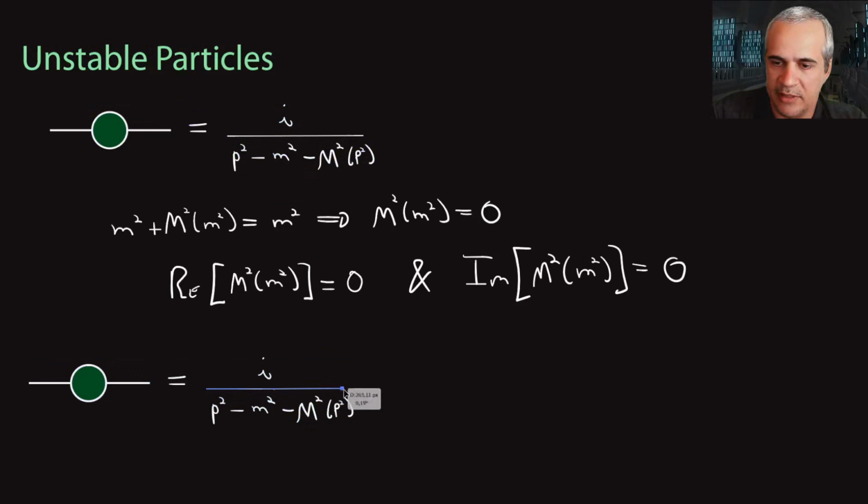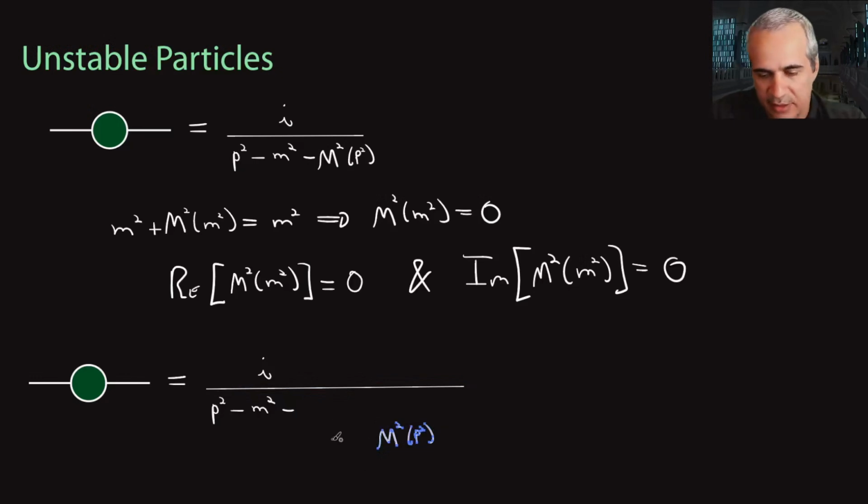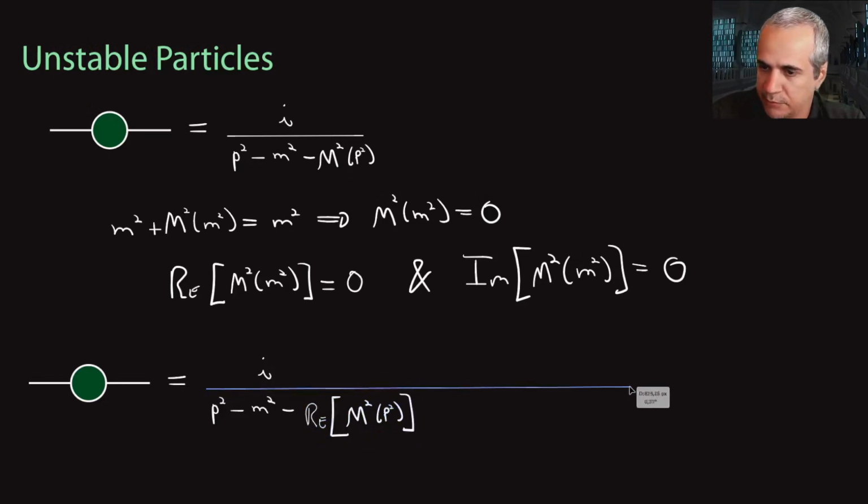So let's expand this thing here to give us a little more space and actually write the real part of this. Here, I need even more space. And the imaginary part of this 1PI function.